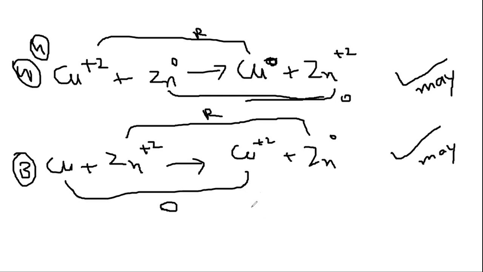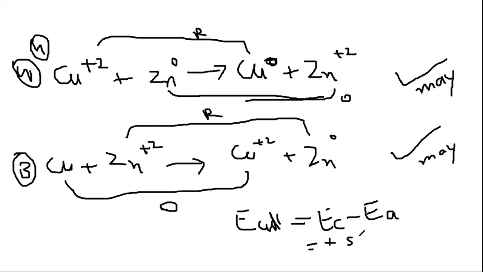And again, for those students who are still unable to understand, in the previous lecture we discussed the cell potential. It is equal to the half cell of the cathode minus the half cell of the anode. So you have to calculate the cell potential. Spontaneous means if this is positive, then it should be spontaneous.